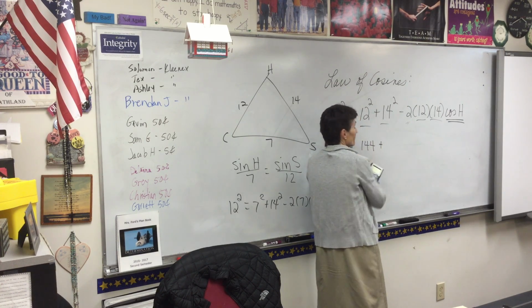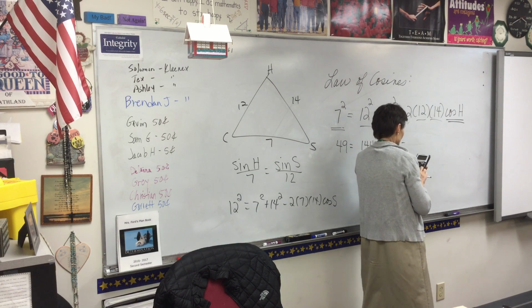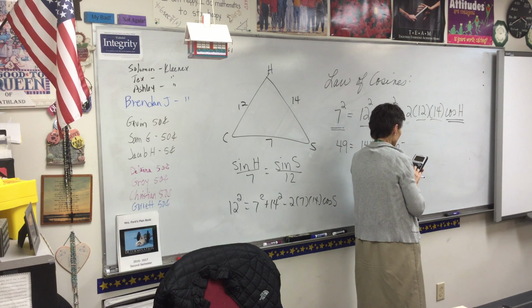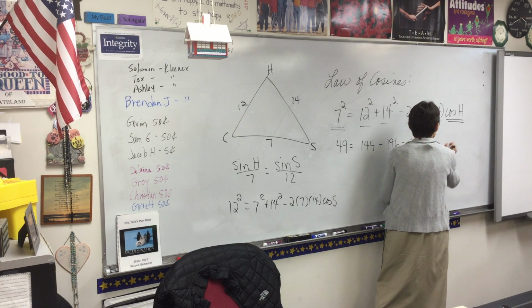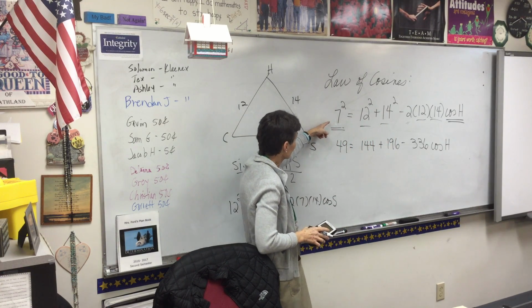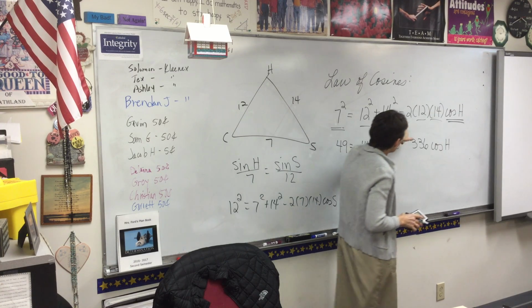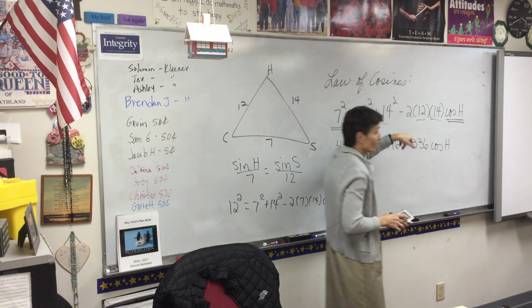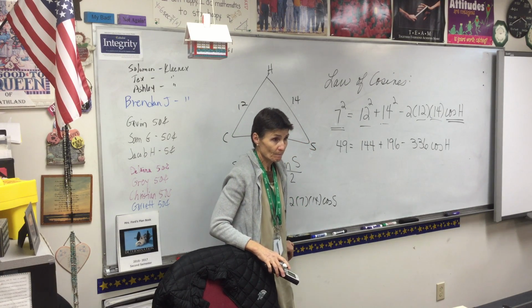I have some of them memorized. 196. 2 times 12 times 14 is 336 cosine S. So the first thing you do is just the arithmetic. 49, 144, 196, and then I multiply all this together. That makes sense to you?